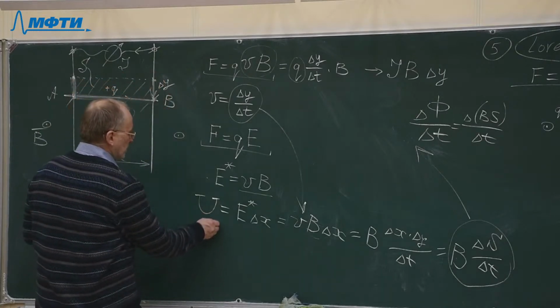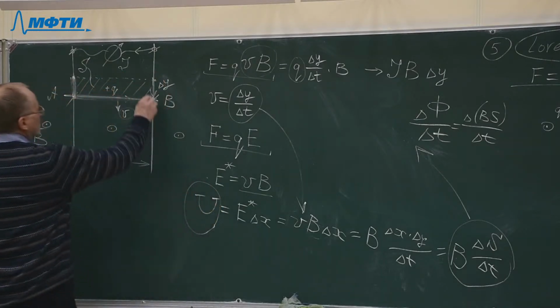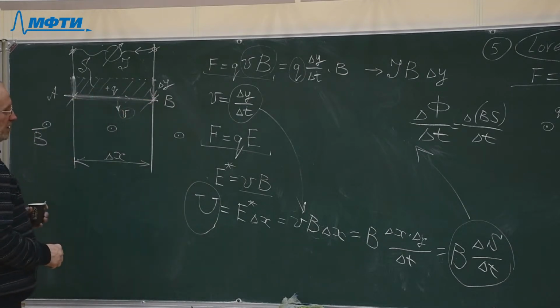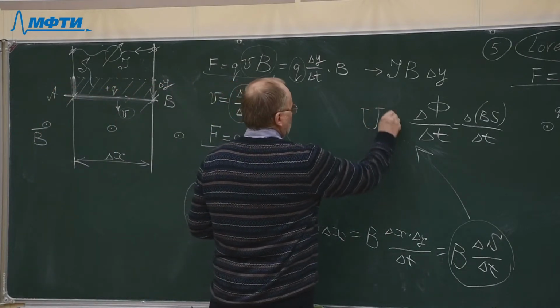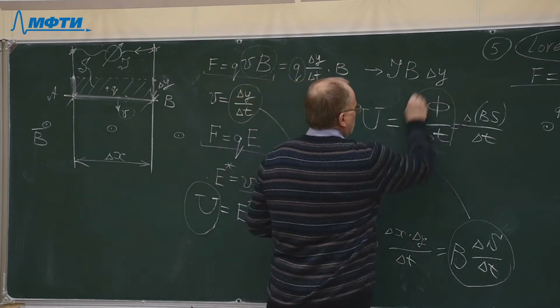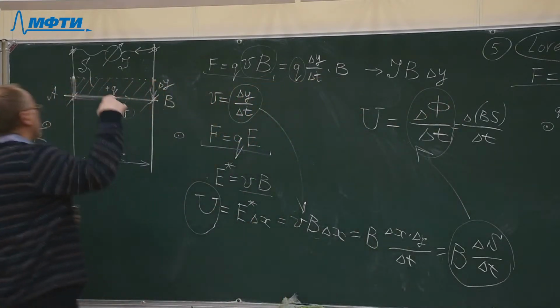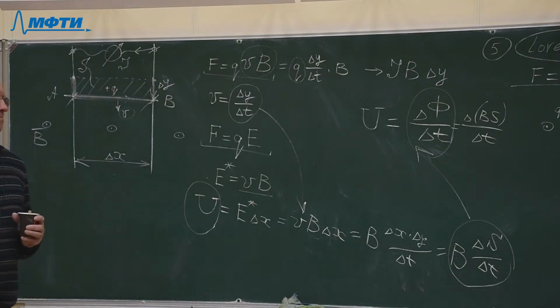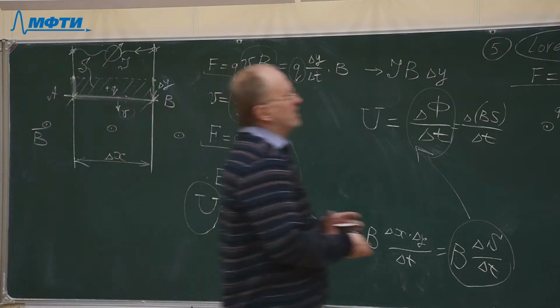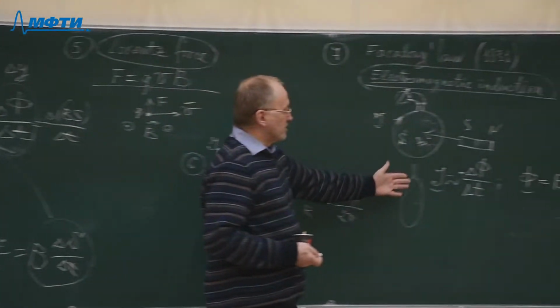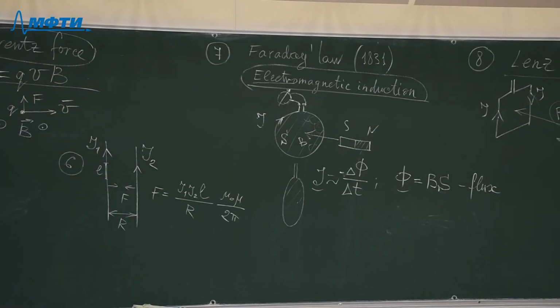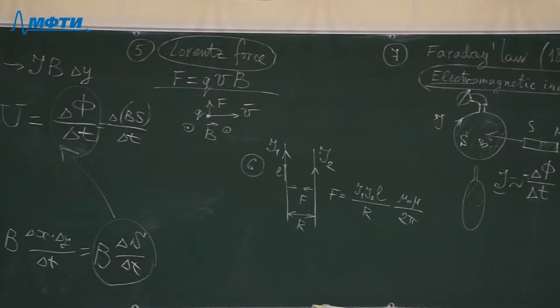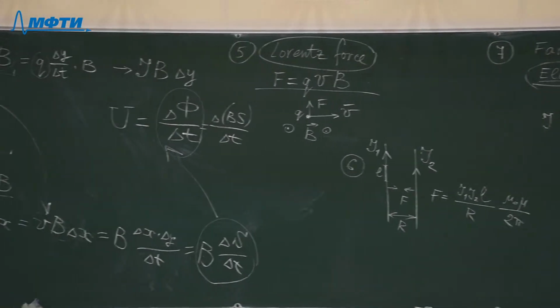So what we obtain here is that the potential difference between these two points, created by the motion of this rod in the magnetic field, equals the rate of change of magnetic flux, which is actually Faraday's law, in the formulation of Faraday.